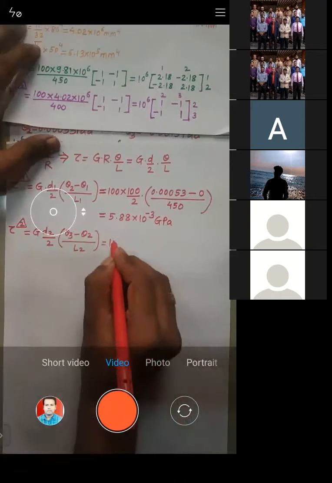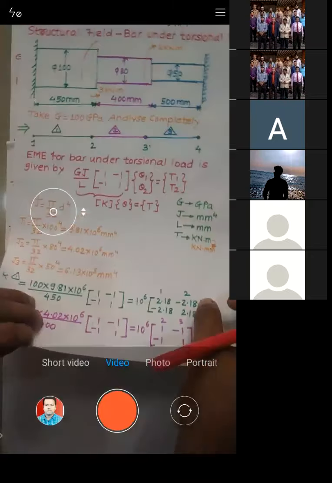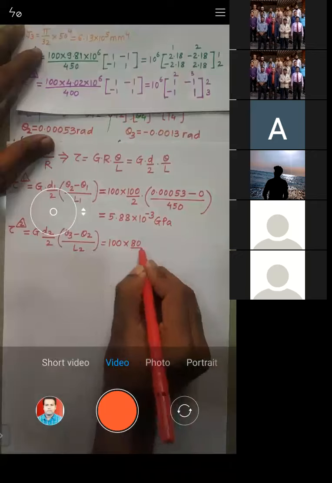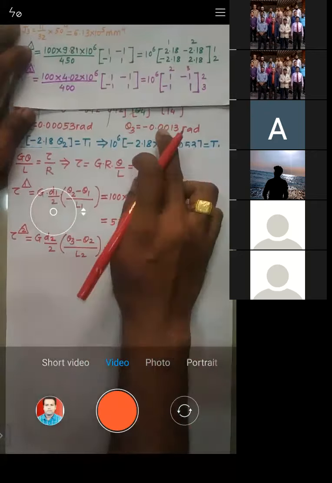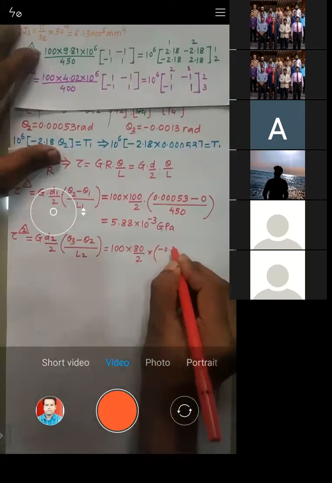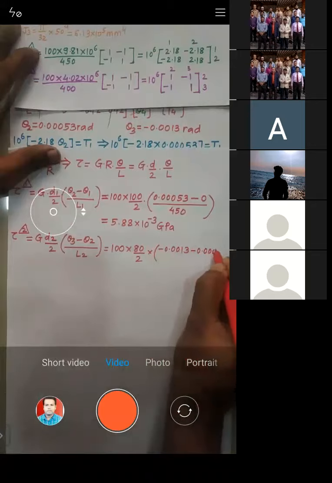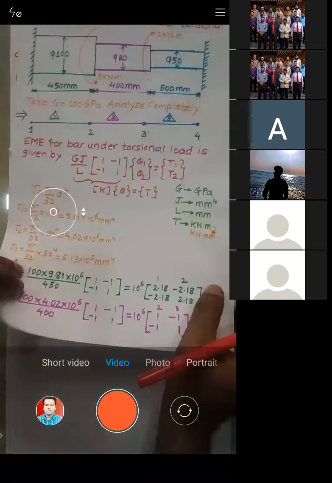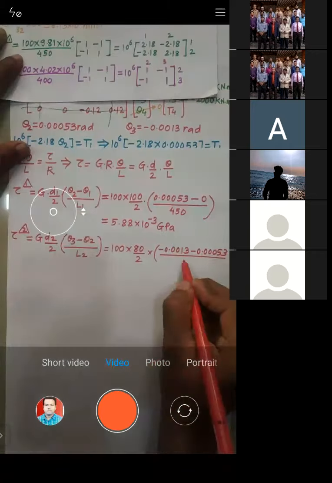So G is 100 into diameter of second element, it's 80. Okay, 80 by 2 into theta 3. Theta 3 we have calculated here, that is minus 0.0013, minus theta 2 which is 0.00053, upon L2. Length of element number 2 is 400, right?